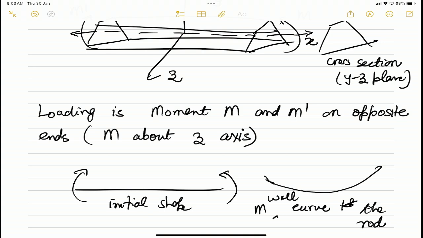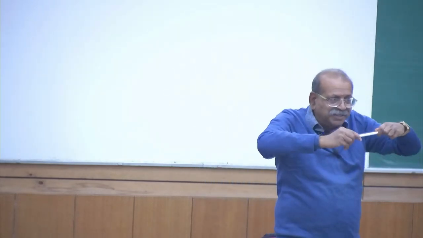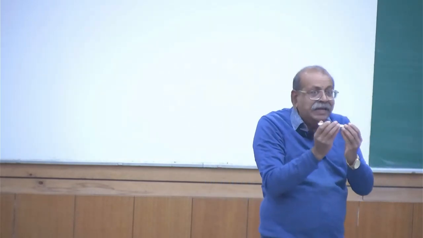Okay, this M is about Z axis. So Z axis means you apply a moment. So then that rod will tend to be curved. Okay. So in torsion, we had a twisting moment. Here we have a bending moment.